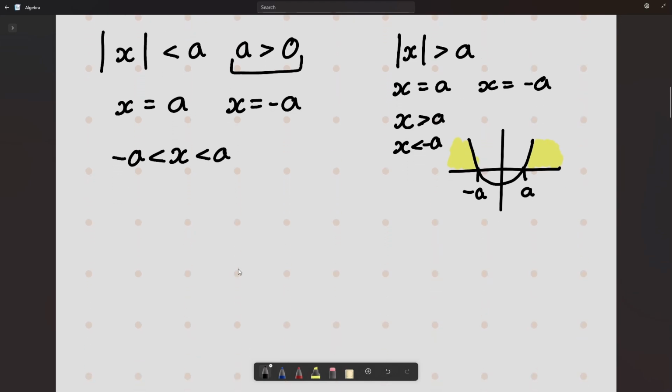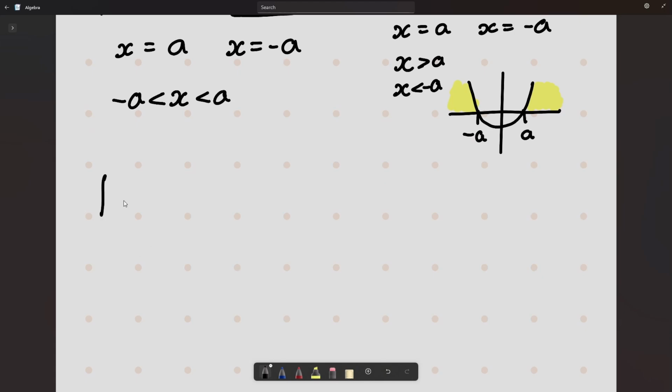And say we had some modulus of x minus b is less than A. What are you going to do next?